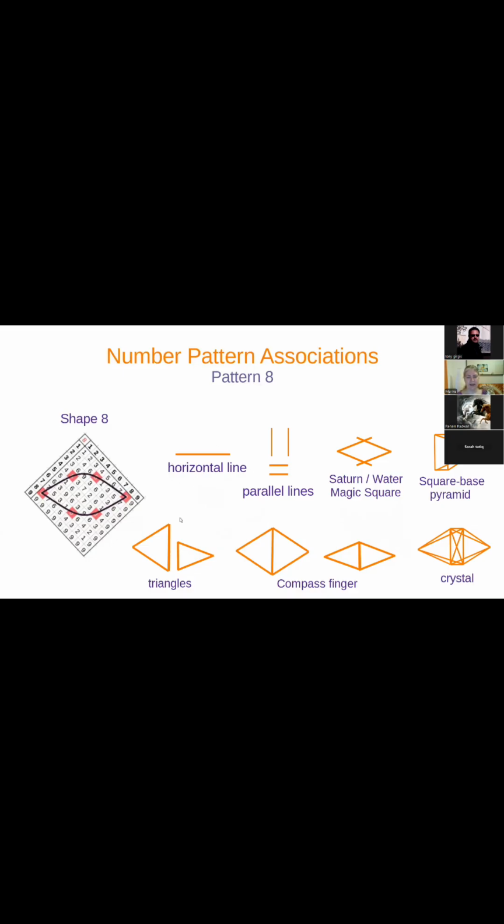One is a horizontal line, triangles, compass fingers, crystal, the square base pyramid that is pointing towards one side, as well as Saturn magic square for the water element.